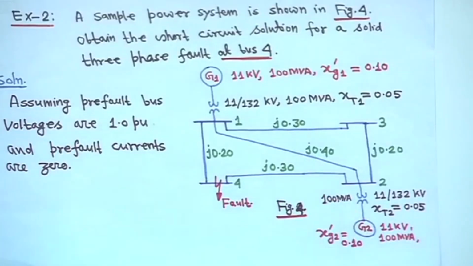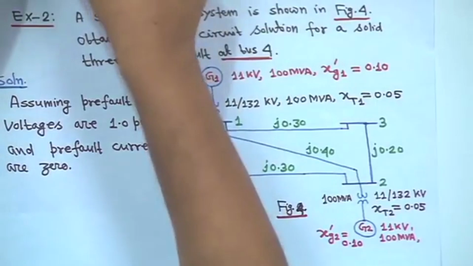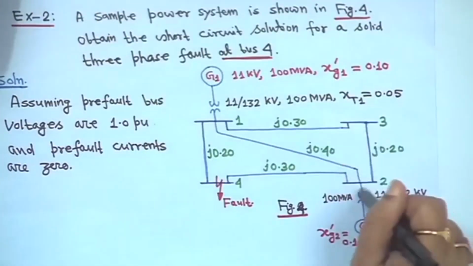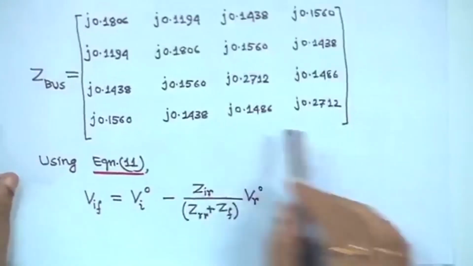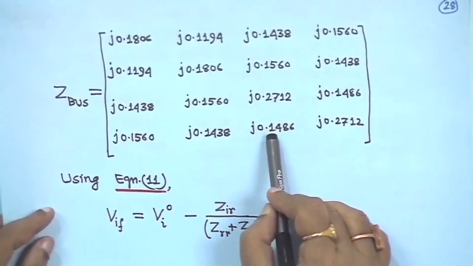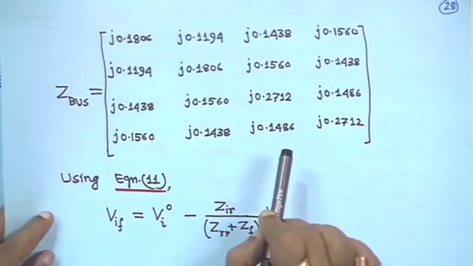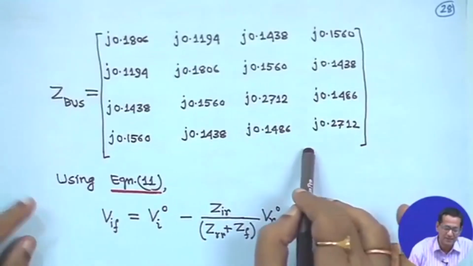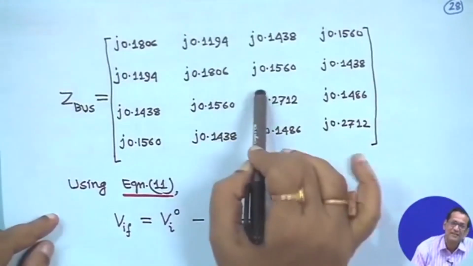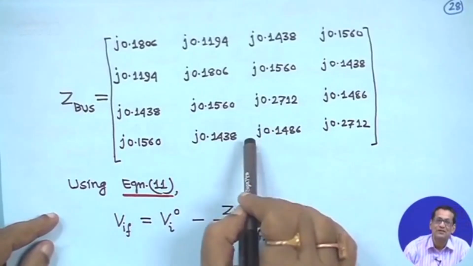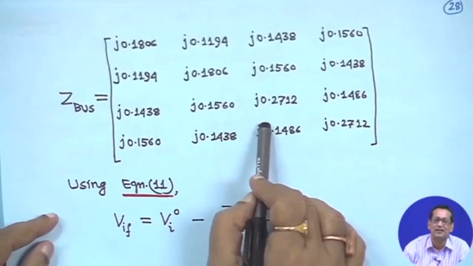It is a 4 bus problem, so Z bus will be a 4 by 4 matrix, note that. In the classroom we cannot do a 4 by 4 matrix inversion from Y bus; we need a computer. So whenever we give numerical problems, the Z bus data will be provided directly.